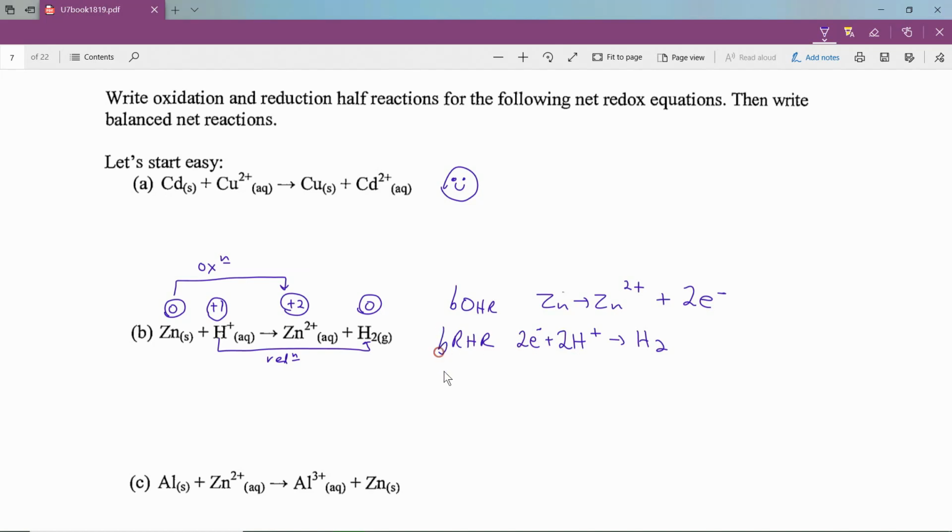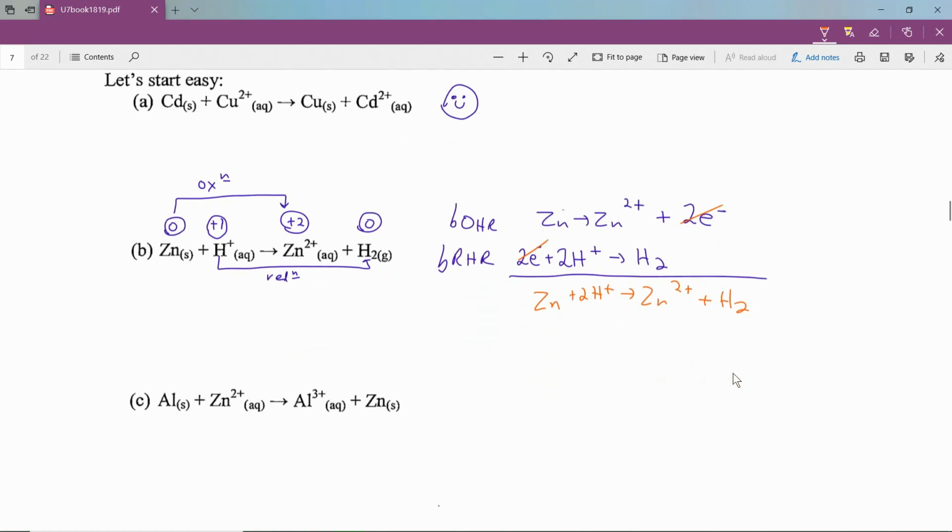They have to be the same on both sides. So that's now a balanced reduction half reaction. And then I can cancel out the electrons. Got 2 electrons on each side. I don't have to do anything fancy with that, and I end up with zinc plus 2H plus goes to zinc 2 plus H2. Okay, so that is one of the simpler ones.